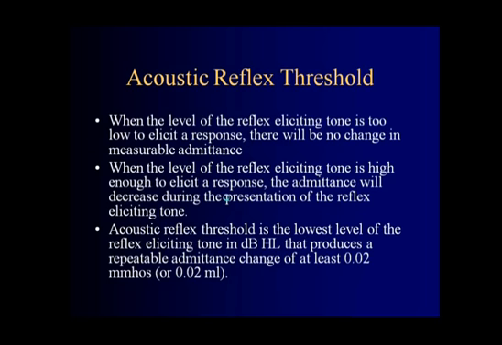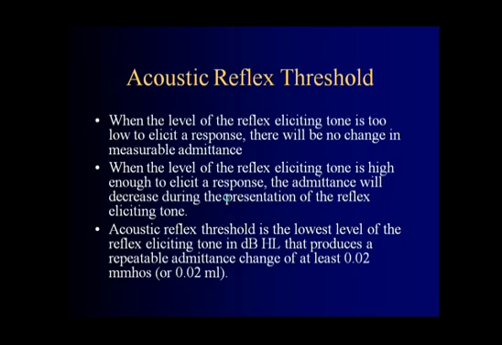When the level of the reflex eliciting tone is too low to elicit a response, there will be no change in measurable admittance. When the level of the reflex eliciting tone is high enough to elicit a response, the admittance will decrease during the presentation of the reflex eliciting tone.